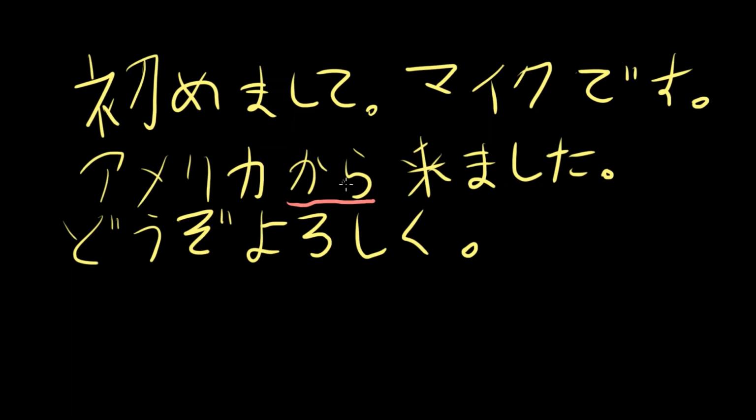Just means from. So, America, as you could guess, is America. から, from America. And this is き as in to come. So, アメリカから来ました。I came from America, or I'm American, you could almost say.